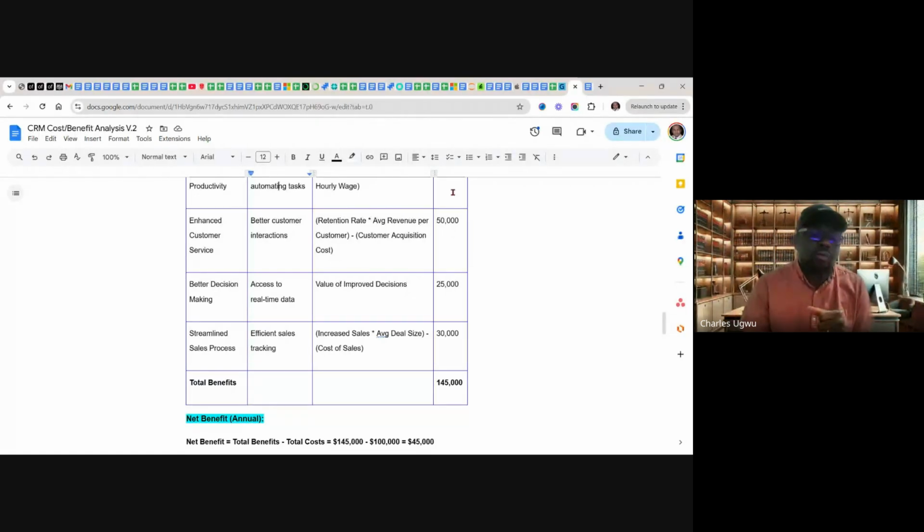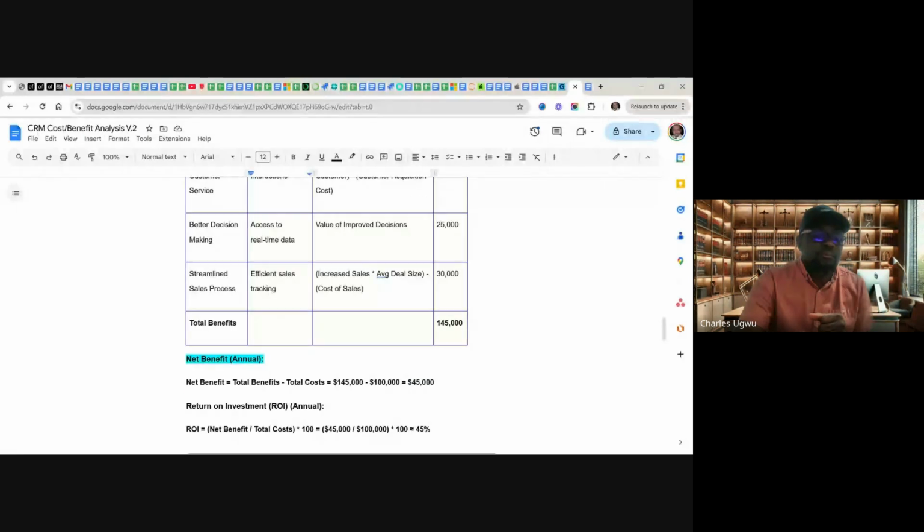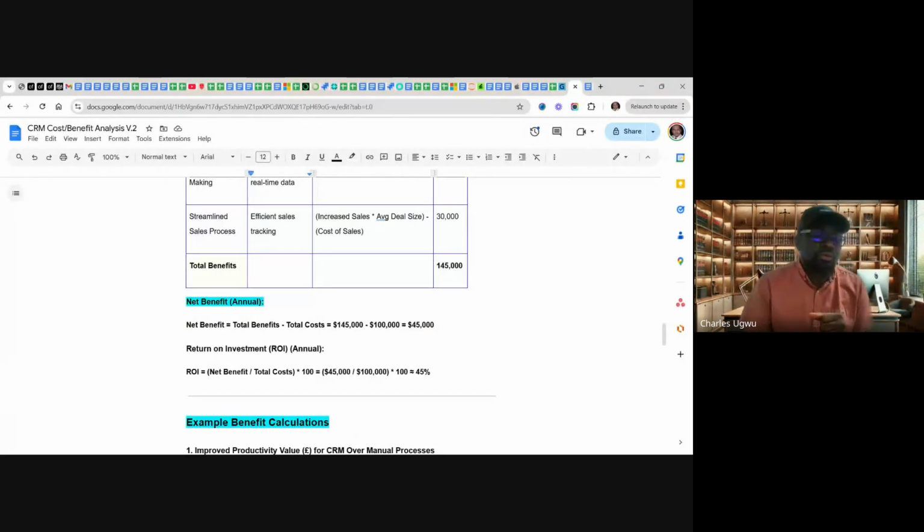And if we add up all these benefits, this is how we monetize. The expected benefits will come up to $145,000. So that is the expected benefit. Once you have come up with this kind of expected benefits, you come here, do the net benefit.